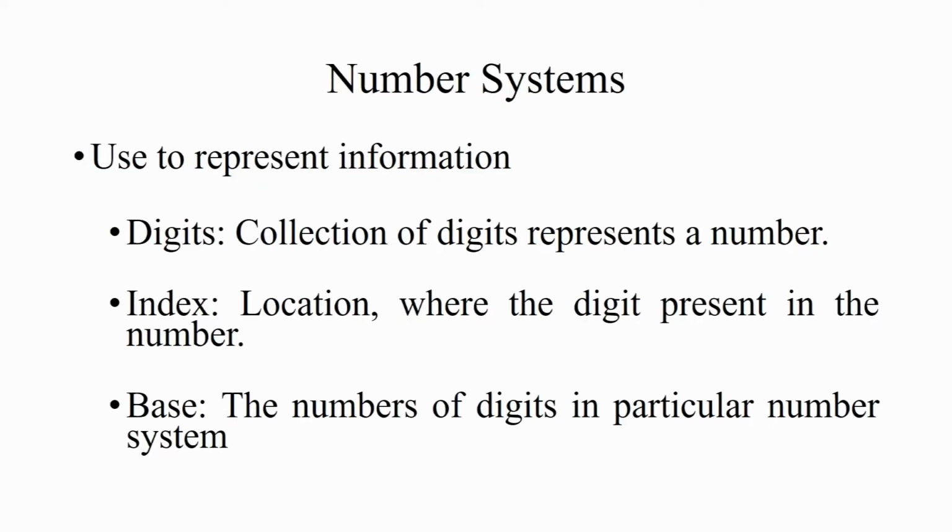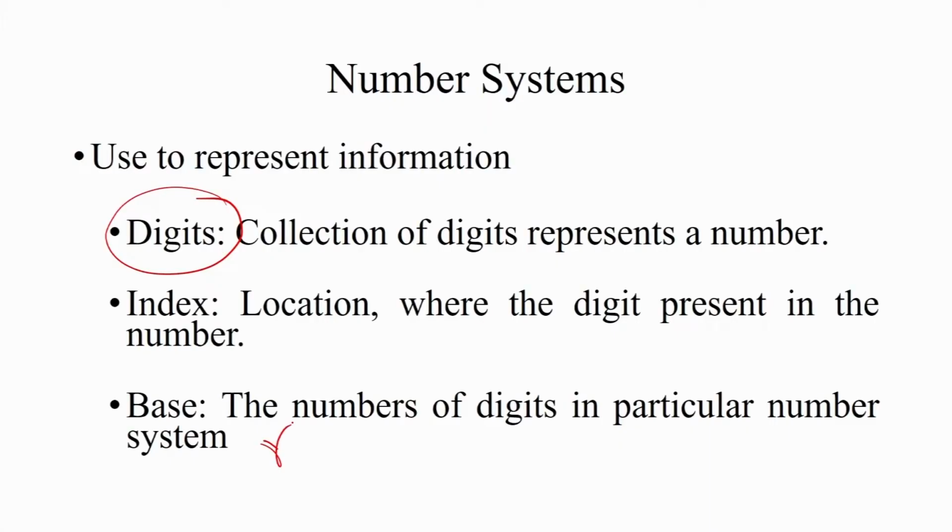Any number system is represented by three things. Any number is a collection of digits, means a collection of digits represents a number. Another thing is the index, means the position of a particular digit in a number. And another thing is the base of the number system.